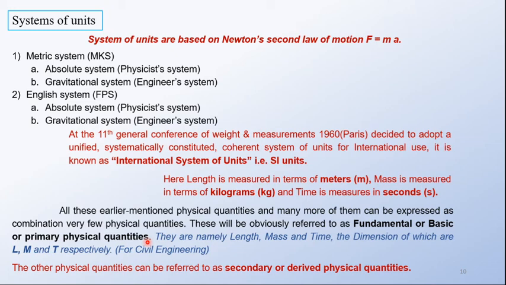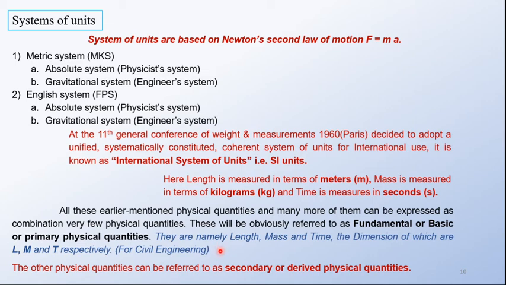So we'll be almost always talk about three physical quantities, and they are namely length, mass, and time, and referred to as fundamental or basic or primary physical quantities, the dimensions of which are L, M, T respectively, and only these will be most important ones as far as civil engineering is concerned.